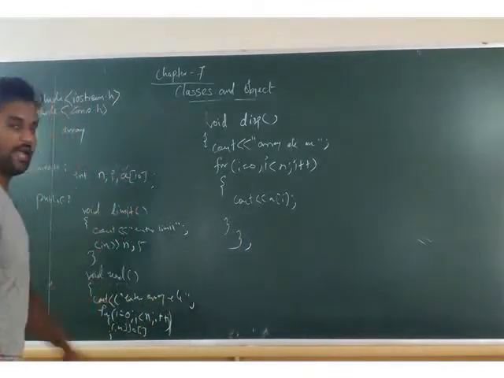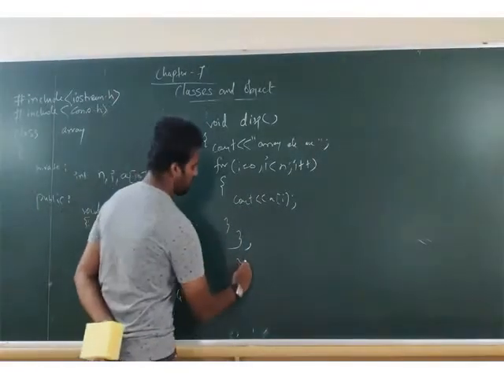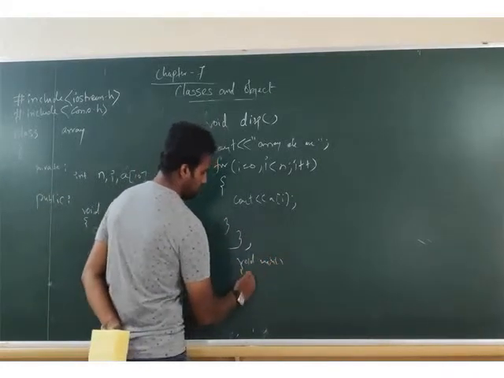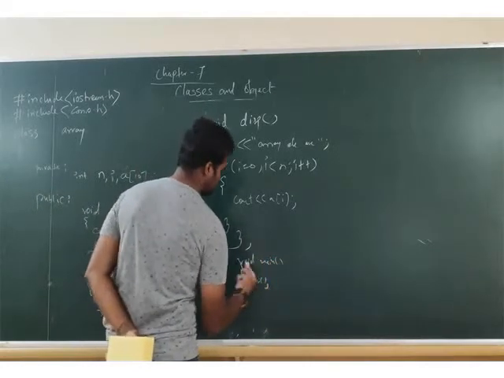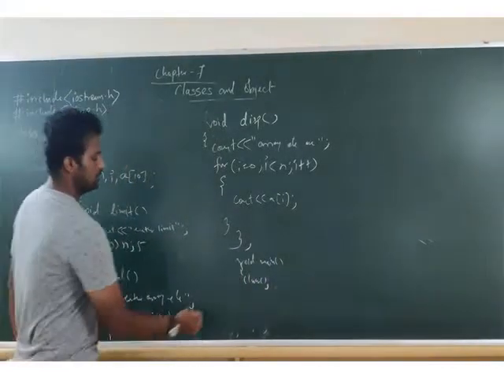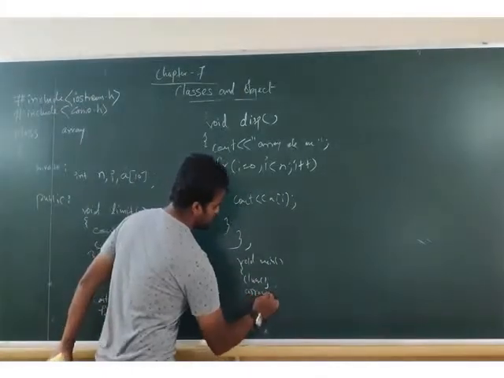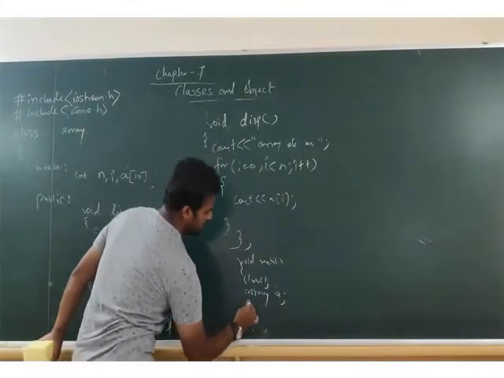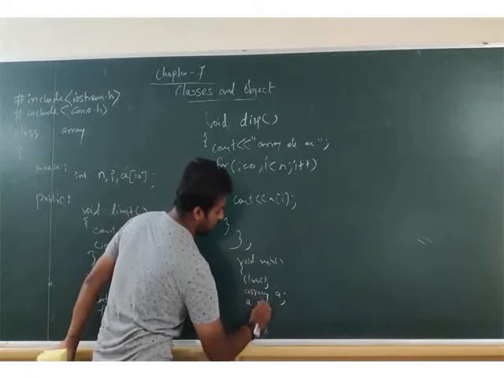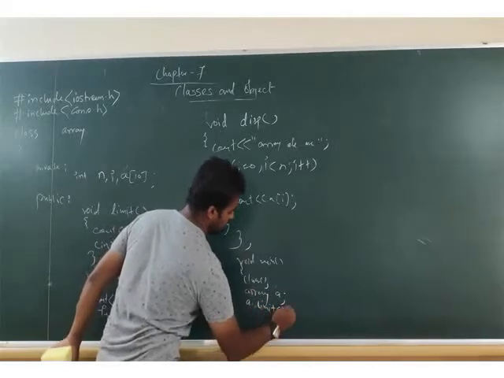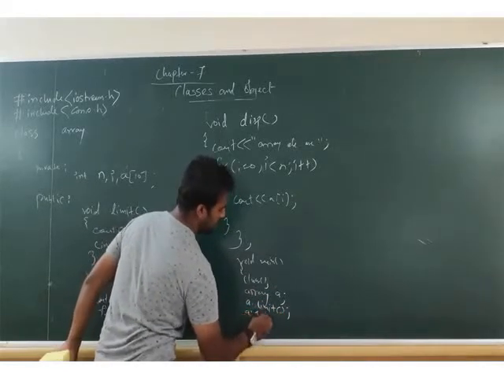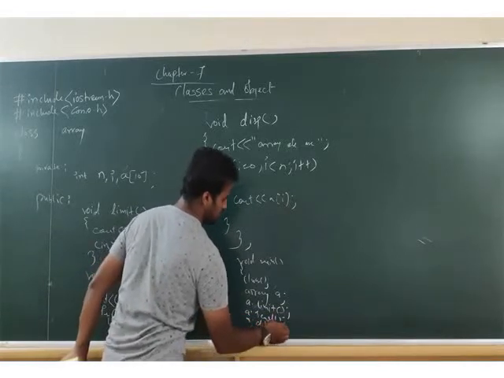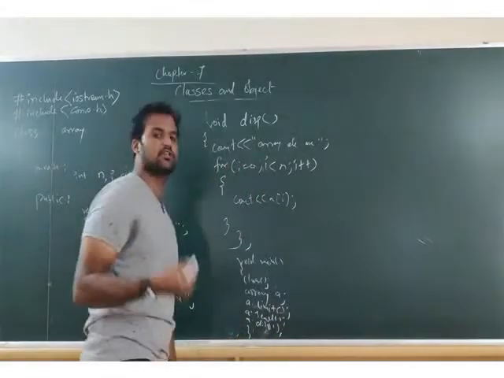Now we can access it very easily. You already know void main, clear screen, array, the class name, a dot limit, a dot read, a dot display, getch, close it.